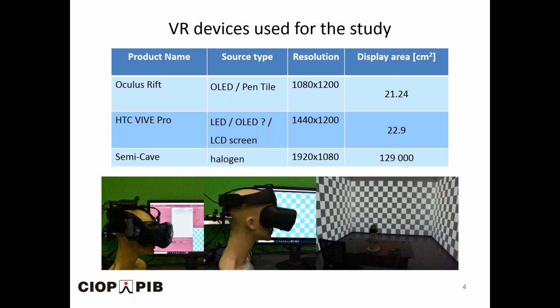And the third one, Semicave, is actually the solution we installed in our laboratories. This is the CAVE system, so the projection is shown on the 4 walls, as seen on the lower panel, the rightmost picture.